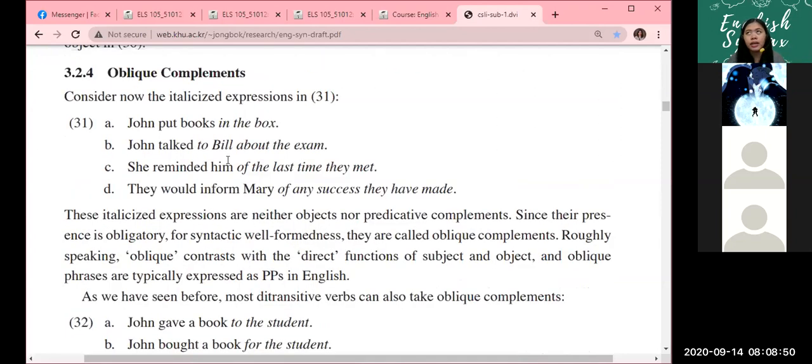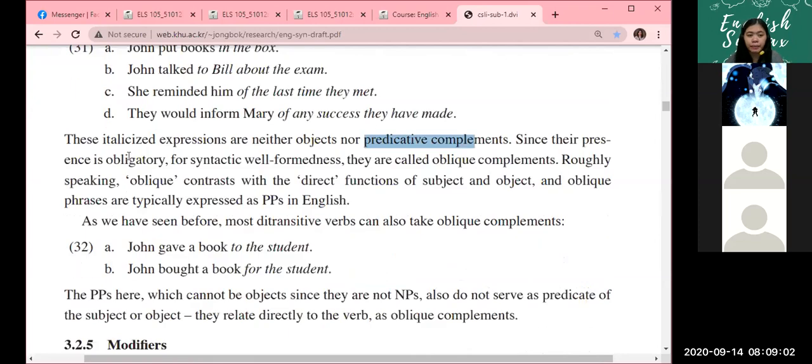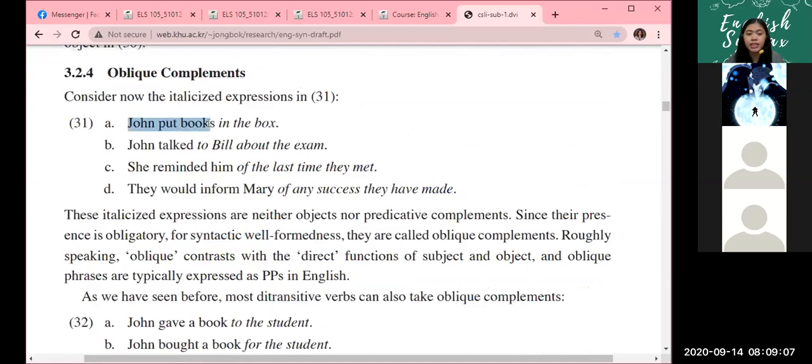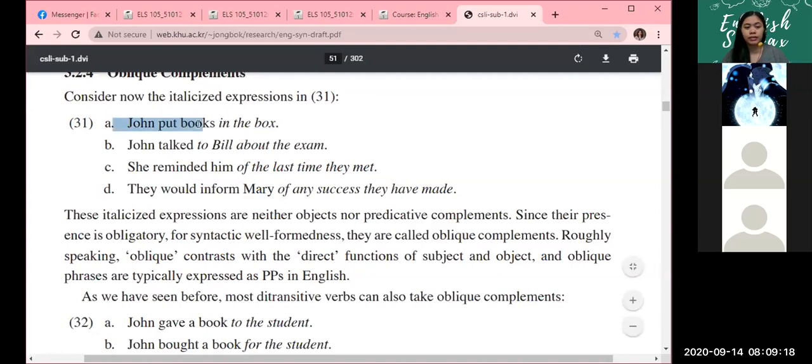These are complements of the sentence which are not IODO, but also neither an object nor a predicative complement, because their presence is obligatory for syntactic well-formedness. For example, John puts the book. Where did John put the book? In the box. It's a requirement, ba? Kung binisayan pa siya, requirement siya sa sentence because it makes the sentence much more grammatical in a sense.